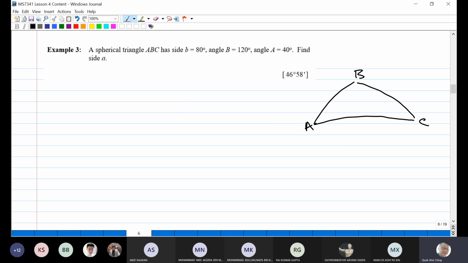Side b is 80 degrees and angle B is 120 degrees. All the sides and angles are measured in degrees. And then angle A is 40 degrees.